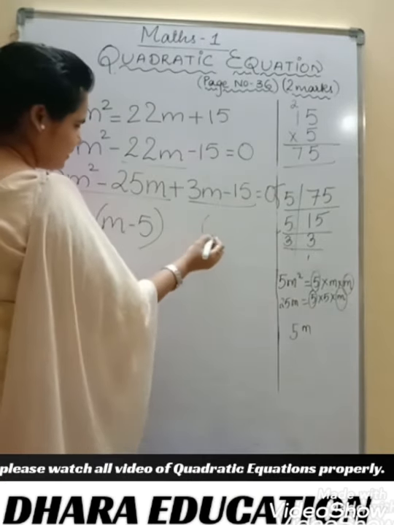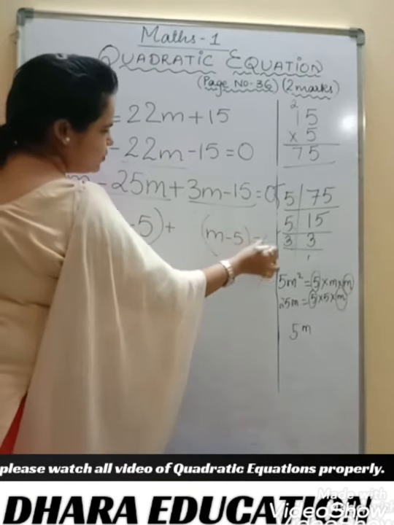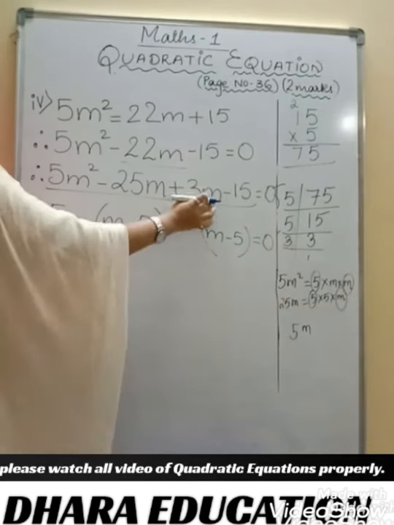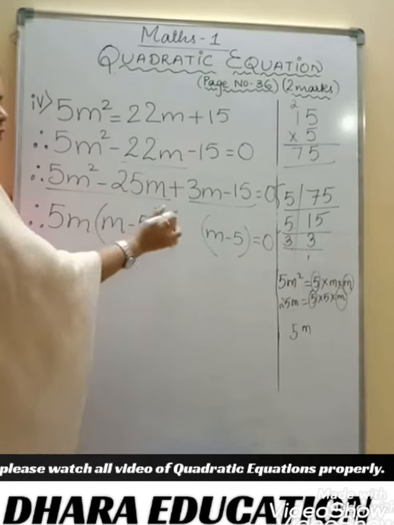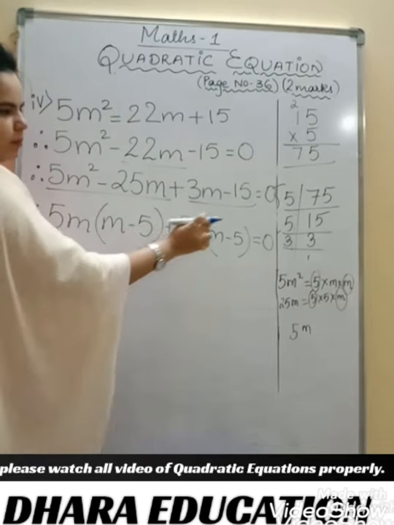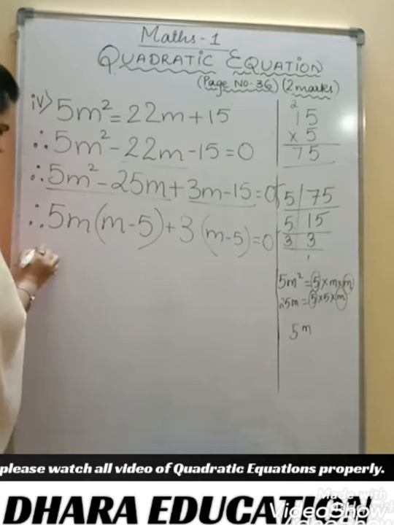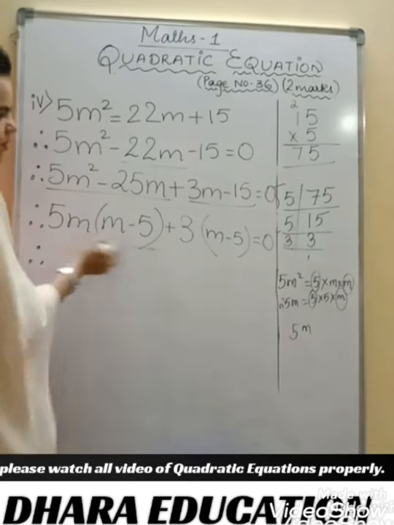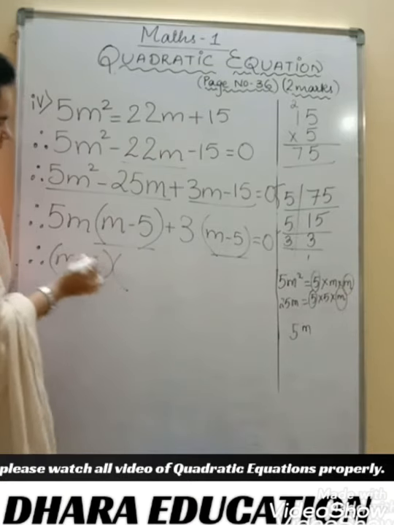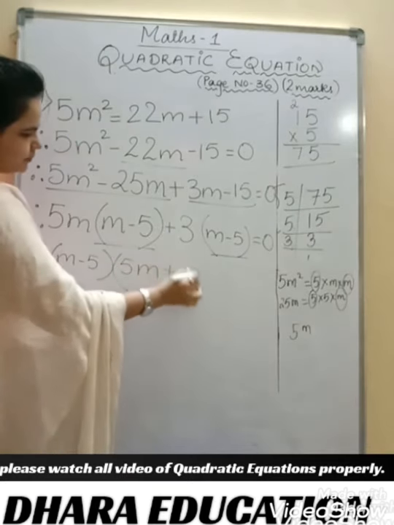So we are going to write plus, m minus 5 is equal to 0. So what else do we have to write to fulfill this particular term over here? Exactly 3. If we write 3 here, 3 multiplied by m gives you 3m. 3 multiplied by 5 gives you 15. Correct? We are absolutely correct. So in the next step, this m minus 5 common we have to take, and 5m plus 3, the remaining one.